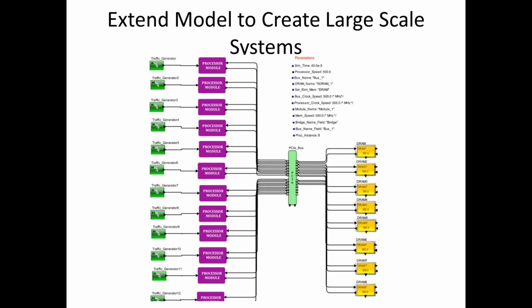Now, another aspect of VisualSim is the ability to scale to very large systems. Here, if you notice, we have one of these hierarchical blocks, which was one of those dual cores. The question comes up: how do I scale this to a system that has a large number of these? In this case, you have about 12 of these processor modules, and each one has its own completely independent traffic that feeds into a PCI Express that has a backbone of these memories.